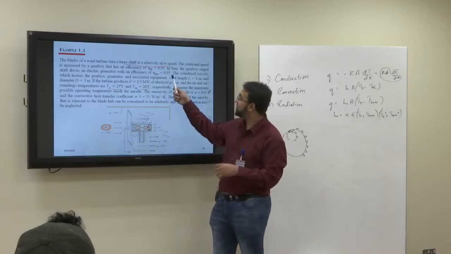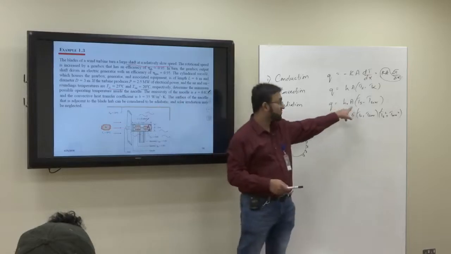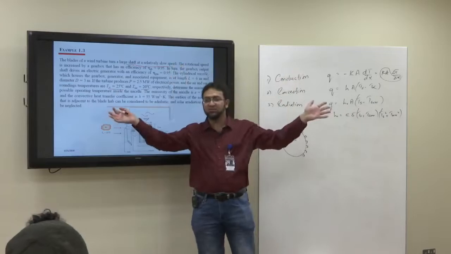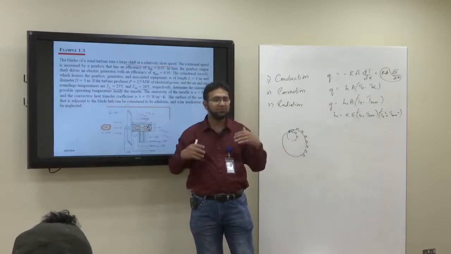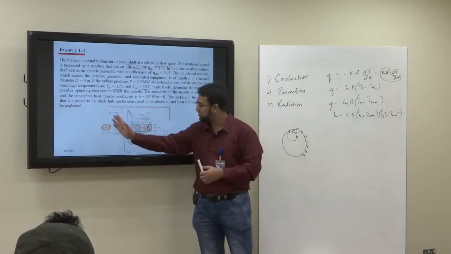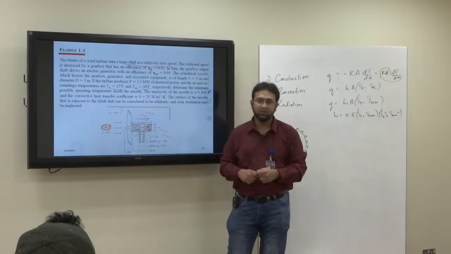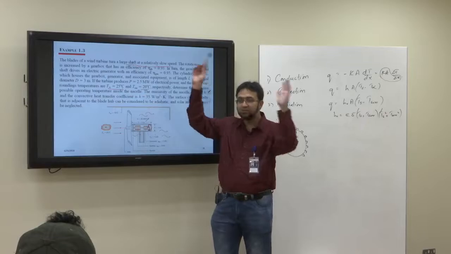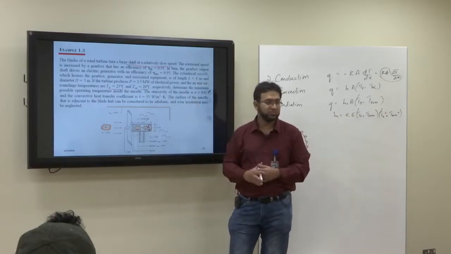When we say T surrounding, it is used in the radiation formula, and that's the temperature of the sky you can consider, the outside temperature. The air temperature would be slightly higher because the air is passing through this. So that's the mean temperature of the air, and that's the surrounding temperature of the sky, or you can say outside temperature.